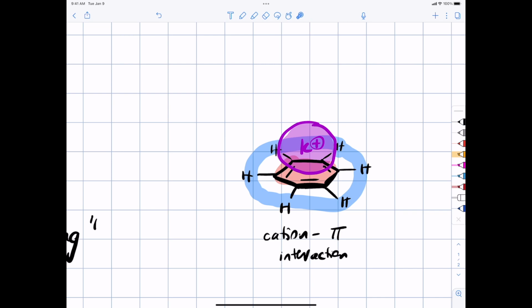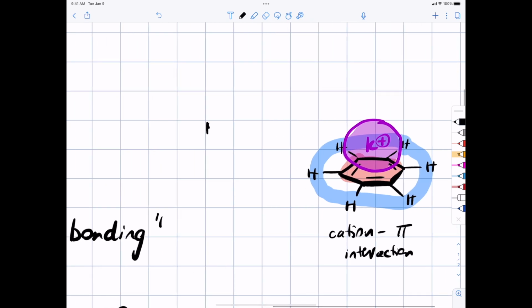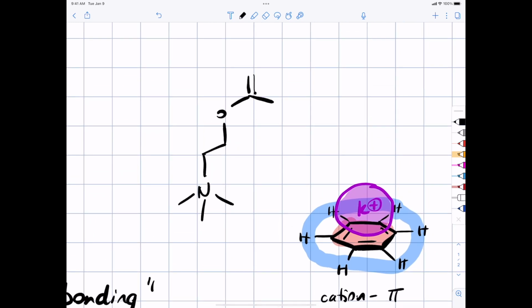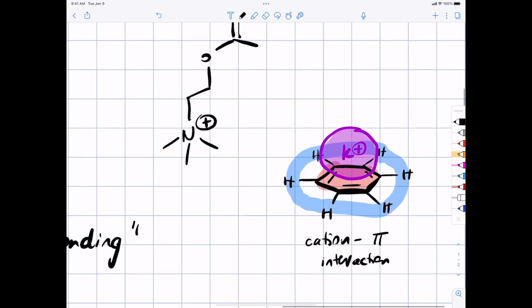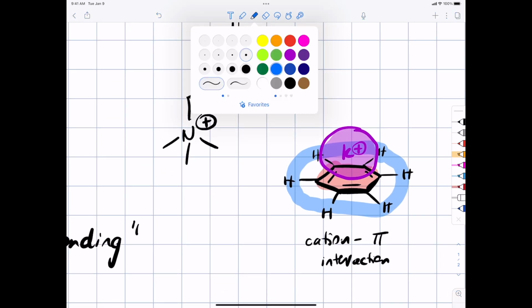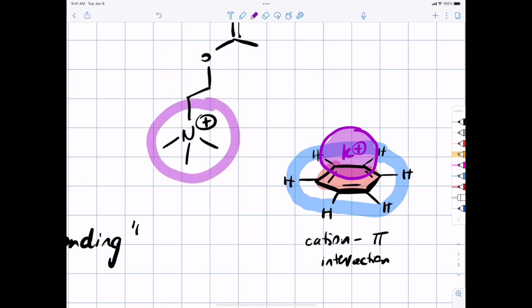The acetylcholine receptor has an electron-rich aromatic group in its active site that binds the cation of acetylcholine. I mean, if you want to see it, you probably don't. I'm showing it anyway. This is acetylcholine, and that's the cation, the positively charged group, just sort of like in potassium.